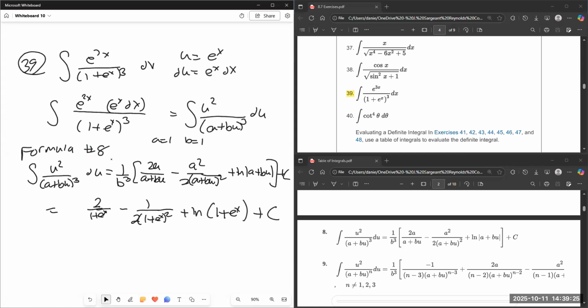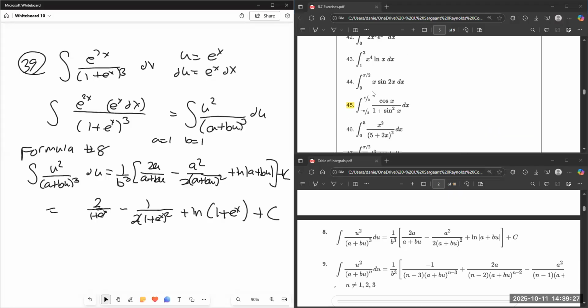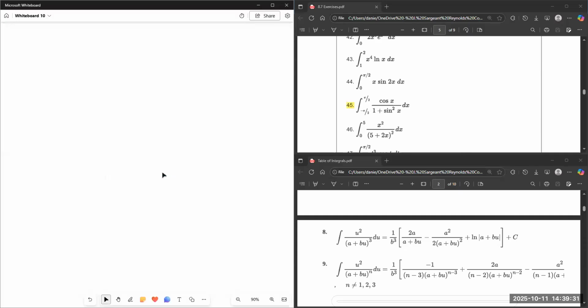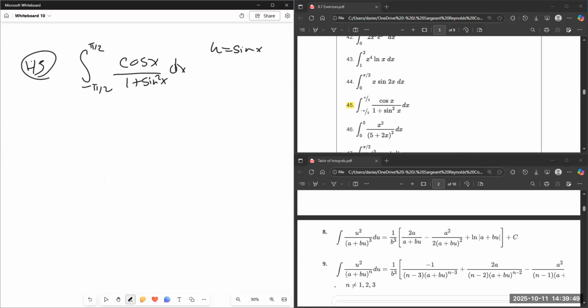Let's go ahead and look at 45. Negative pi over 2 to pi over 2, cosine of x over 1 plus sine squared x dx. So that looks like I want u to be equal to sine x, du to be equal to cosine of x dx.